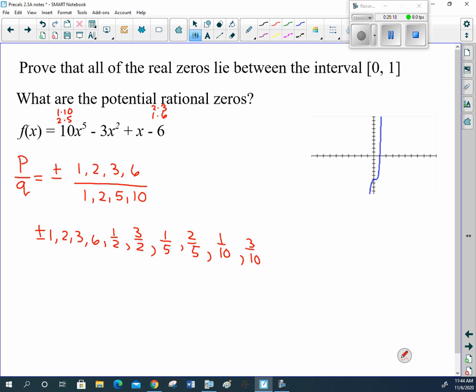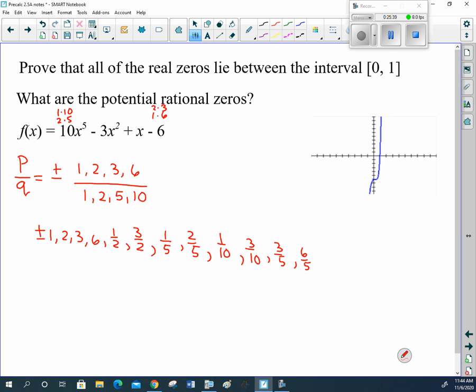Did we skip 3 over 5? Oh, did I stop halfway through? Oh, okay, yes, we need 3 over 5 and 6 over 5. 3 over 5 and 6 over 5. And then 3 over 10 and then 6 over 10, but what does 6 over 10 reduce to? 3 over 5, and we already have that one, right?